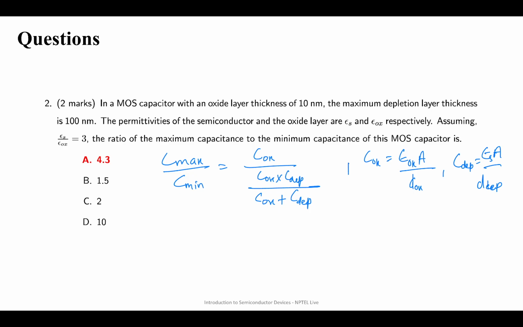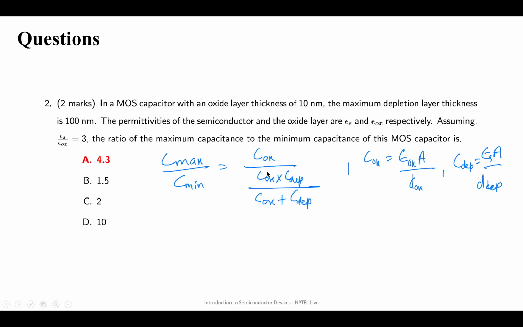The capacitance for that will be Cox times C depletion divided by Cox plus C depletion. Cox is epsilon ox by T oxide, and C depletion will be epsilon S by T depletion. The maximum depletion thickness is 100 nanometers, so you put that here.